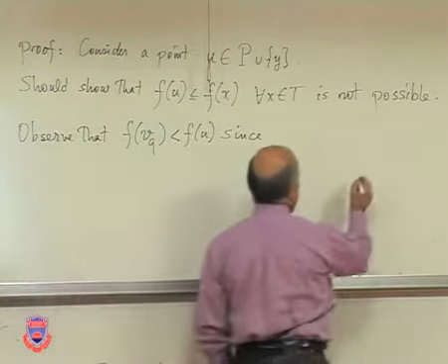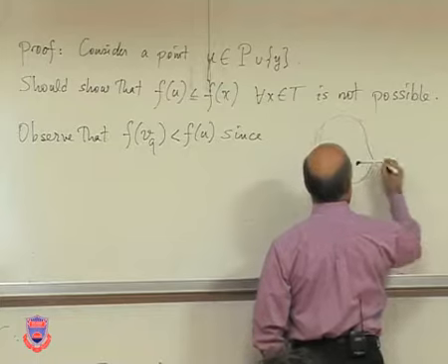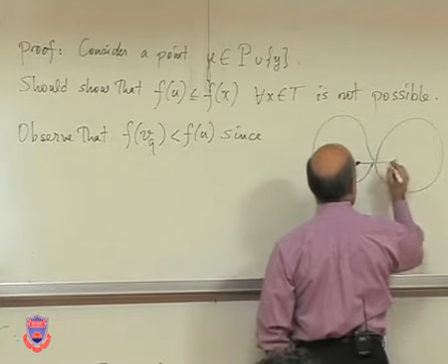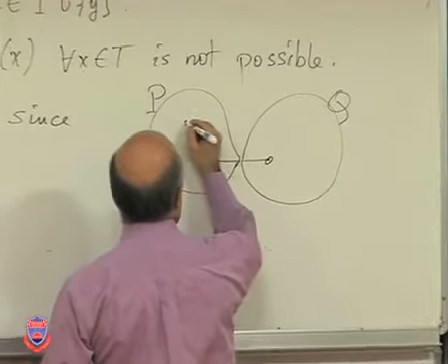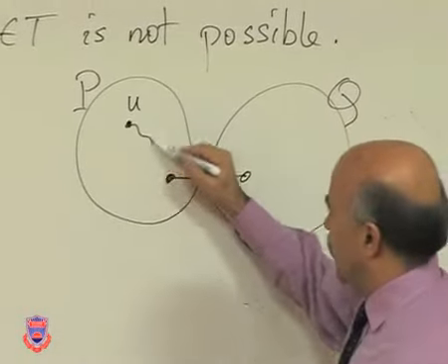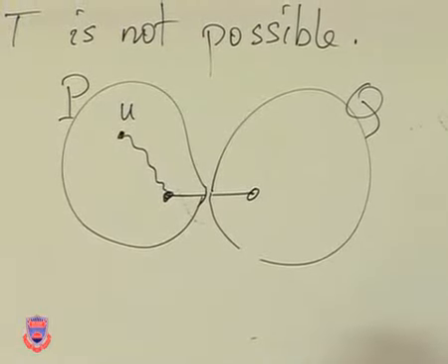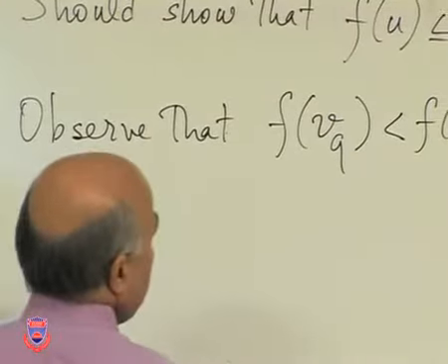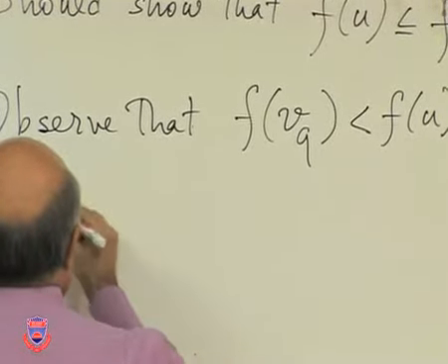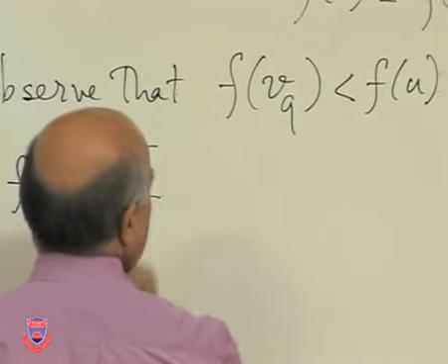Since U is somewhere here, could be also inside the subedge on this left side, and I've got VQ here. Since f of U is by definition equal to how much?